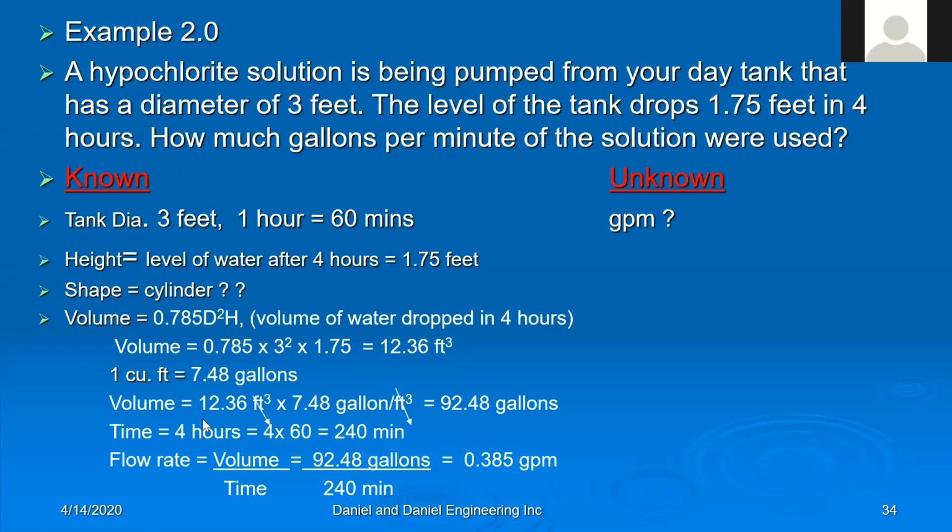So what will be your volume of water dropped down in 4 hours? 12.36 cubic feet multiplied by 7.48 gallons per cubic foot. If you want to bring your cubic feet to gallons, everybody should know that by now.